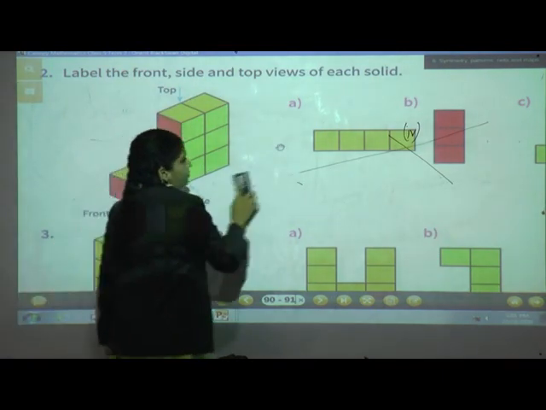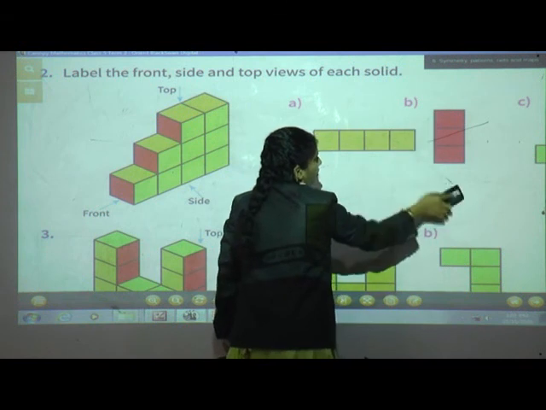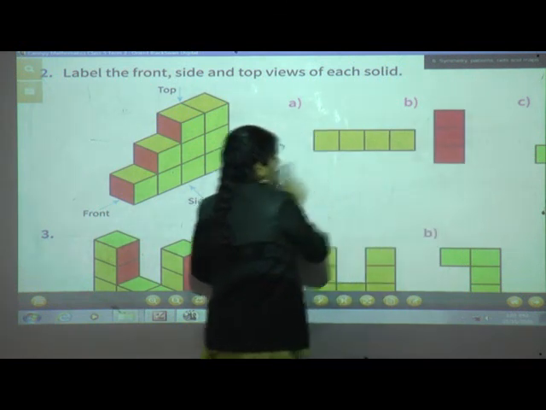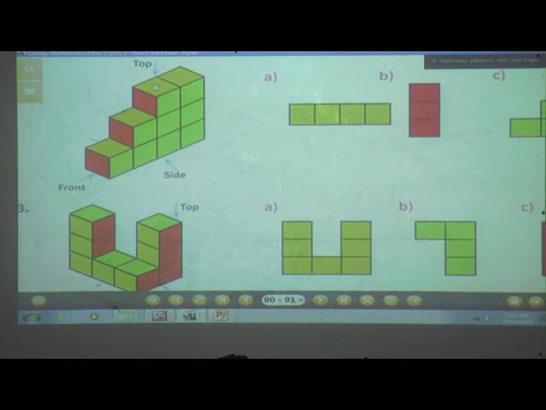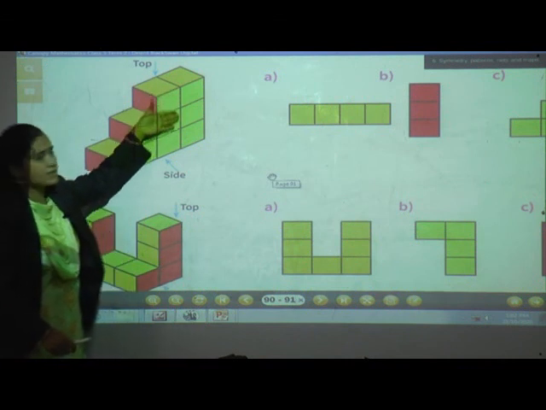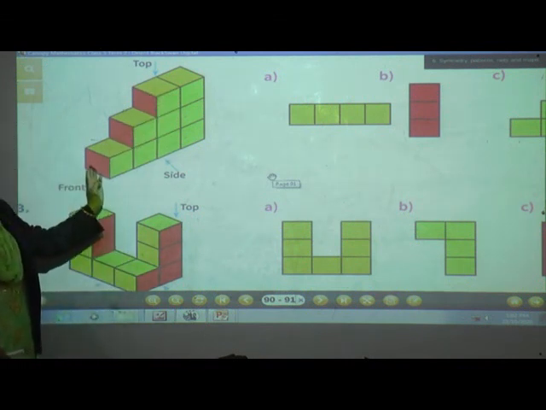Okay, so you know what is meant by top, what is meant by front, even the side also. So here they have solved the first one. Here see, this one is the top view, here is the side view and here is the front view.